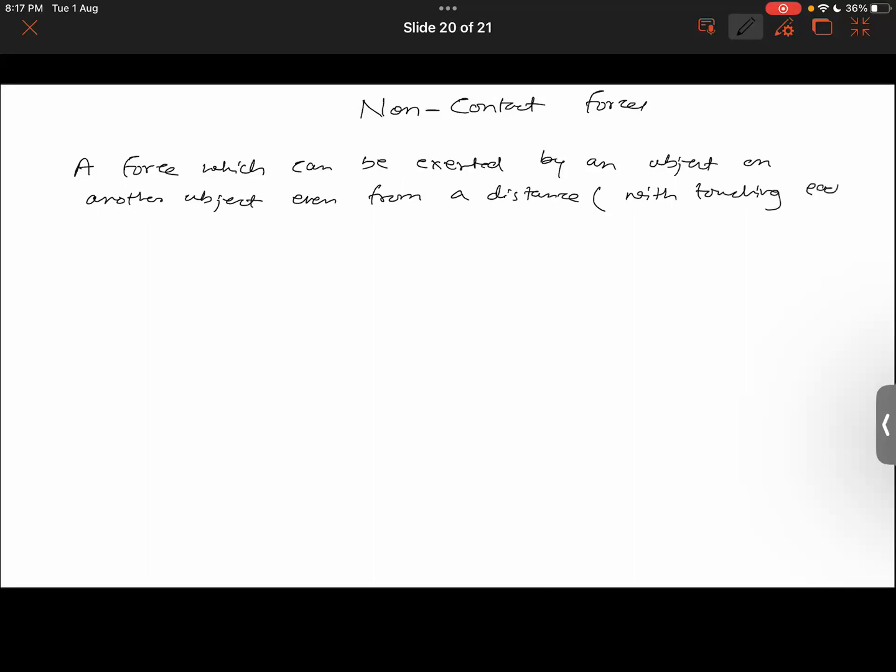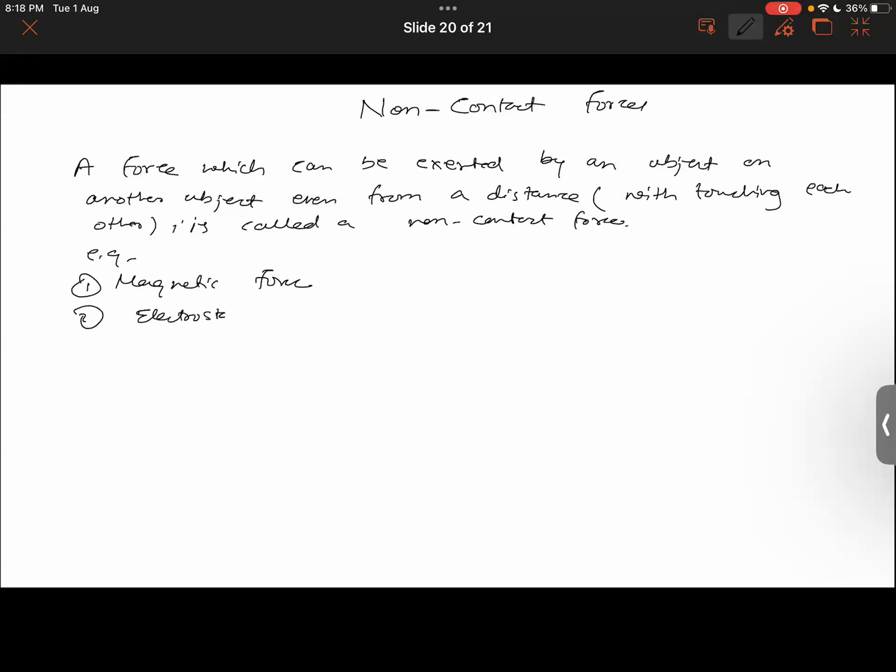It is called a non-contact force. Gravitational force is an example here. And the examples were magnetic force, then electrostatic force. That is due to the charges.